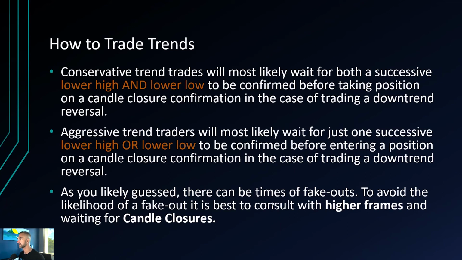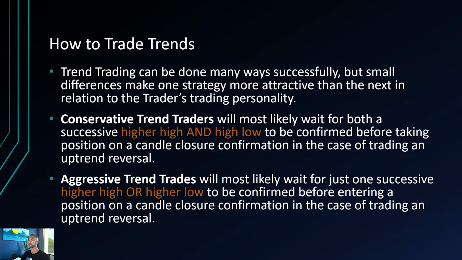As you likely guessed, there can be times of fake outs. To avoid the likelihood of a fake out, it's best to consult with the higher time frames and wait for candle closures. Did I miss something up here? Okay, conservative trend traders will most likely wait for both successive higher high and higher low to be confirmed before taking position on a candle closure confirmation in the case of trading an uptrend reversal.